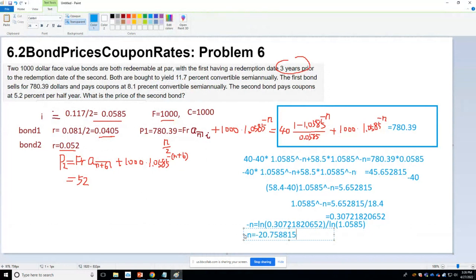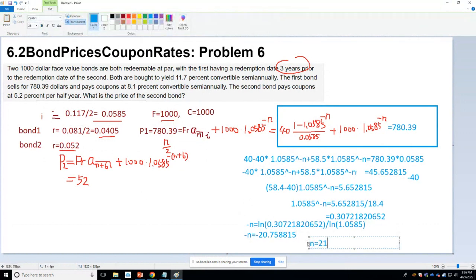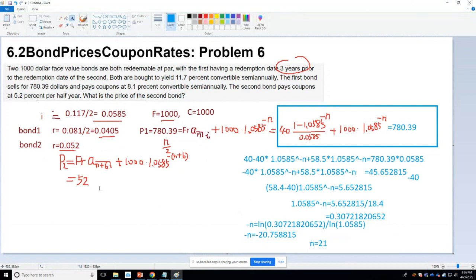That's our n, not an exact integer, but I'm using 21. What's the problem? Maybe it's a rounding problem. So we'll round it up to n equal to 21. I'm using that as our final solution.